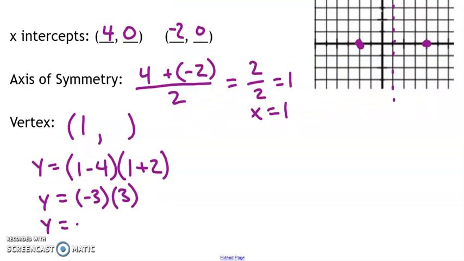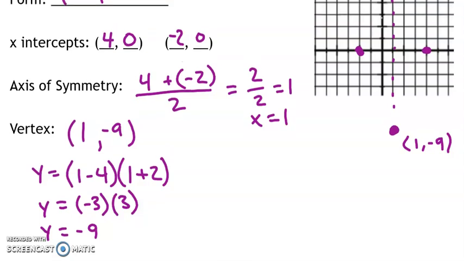So the y value of our vertex is going to be negative 9. Now I don't have a lot of room here to count out 5 more spots to get down to negative 9, so I'm just going to put a point a little ways below, and label that specific point. Even though my graph may not look perfect, at least it's labeled correctly.